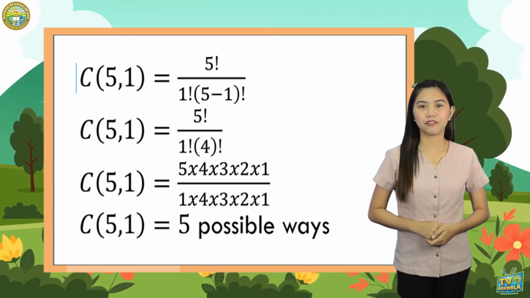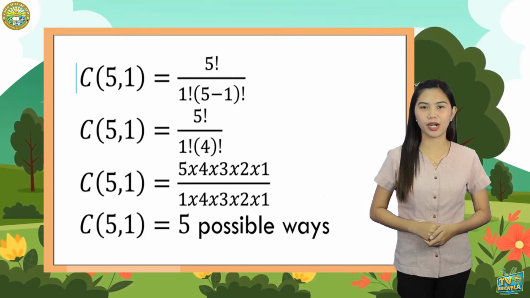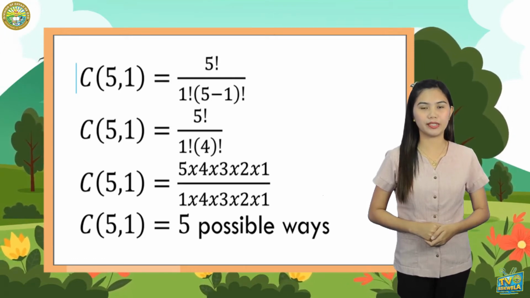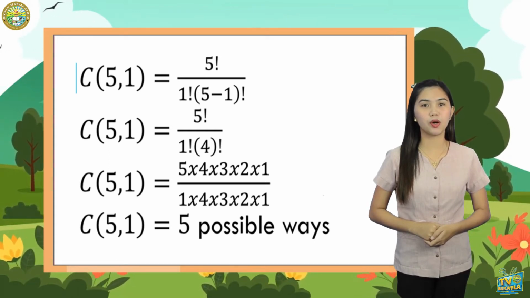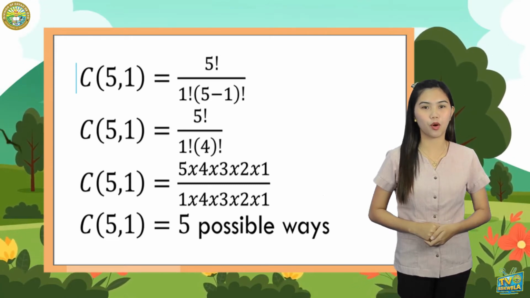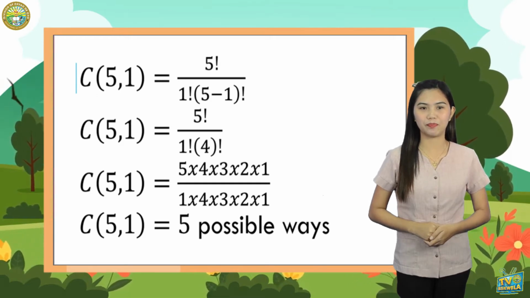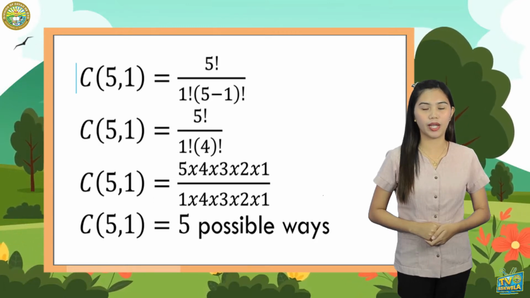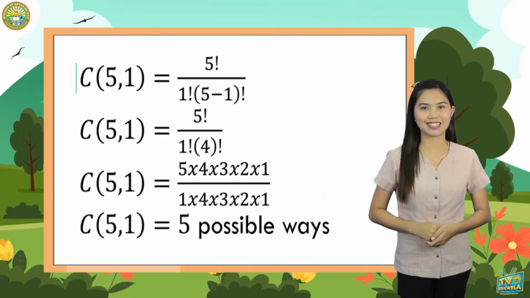Then 5 factorial is equal to 5 times 4 times 3 times 2 times 1 over 1 factorial is equal to 1 times 4 factorial, which is equal to 4 times 3 times 2 times 1. So, C(5,1) is equal to 5 possible ways.